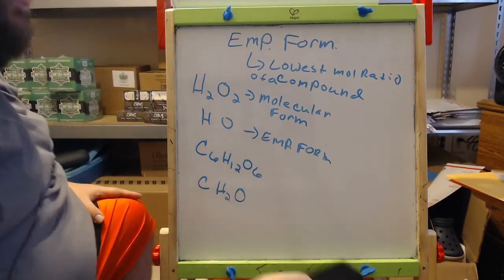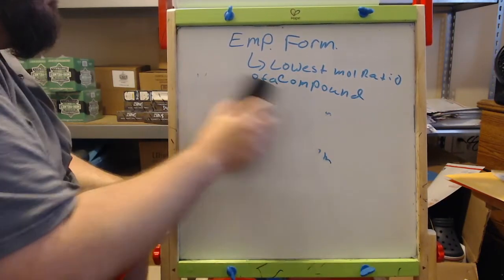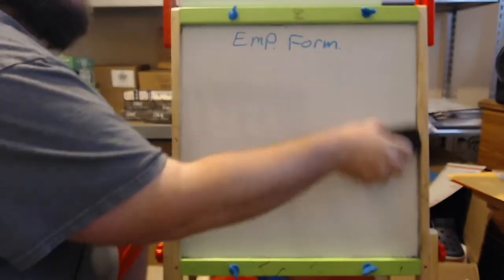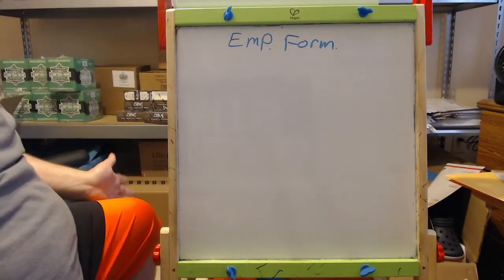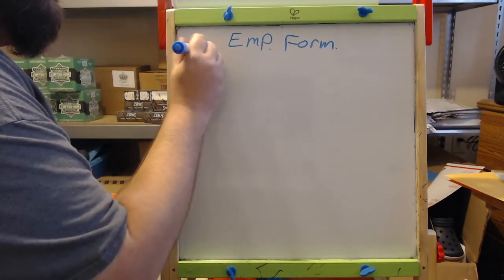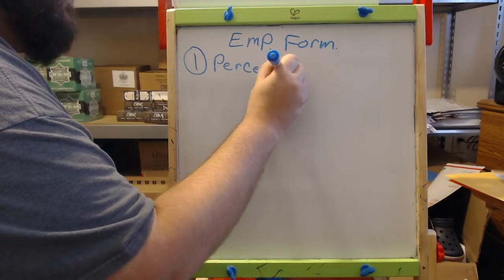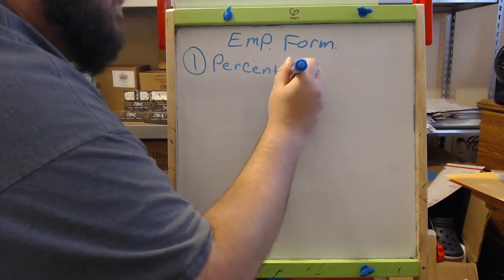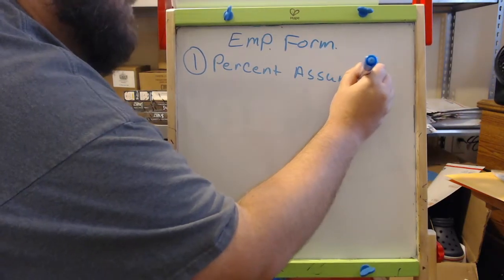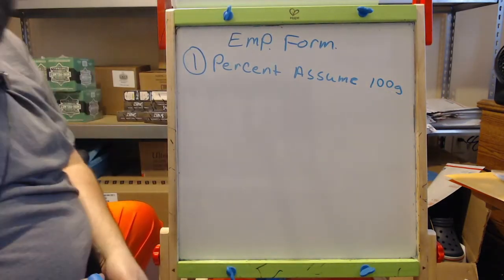So, how do we figure out empirical formula based on data? Well, there's a couple ways, and it all depends on what you're given first. So we're going to do it the longest way, and then you just decide what you're given and where you jump in. Again, it's like a map, but it's a process. Number one, if you're given percentages of each element, what we do is assume our sample is 100 grams, even if they tell us our sample is 10 grams.